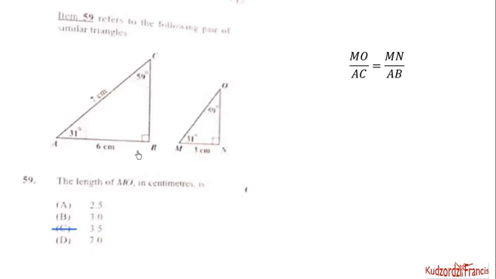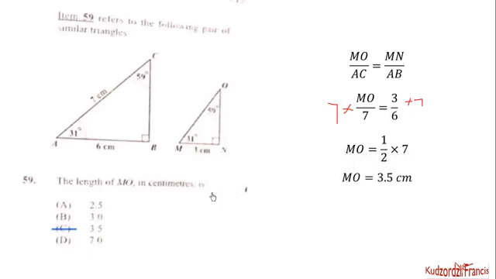So we sub in the lengths. MO over 7 is equal to 3 over 6. And we know 3 over 6 is the same as 1 over 2. So multiply both sides by 7. So half of 7 is 3.5 centimeters. Therefore the correct answer is option C.